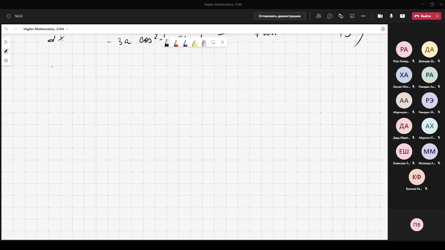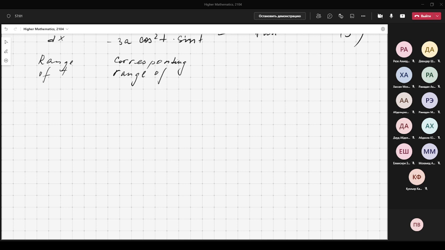Range of t, the first column. Corresponding range of x. Then corresponding range of y.